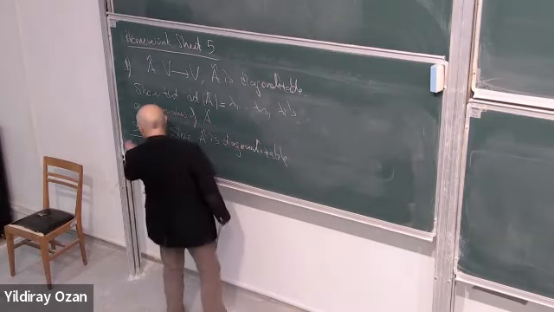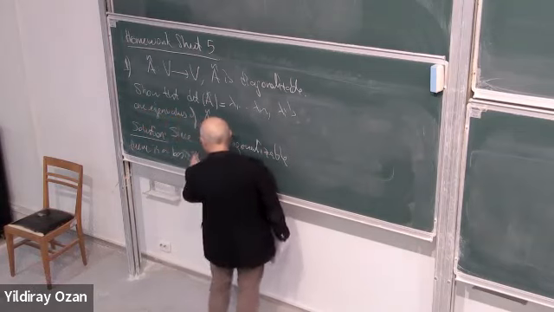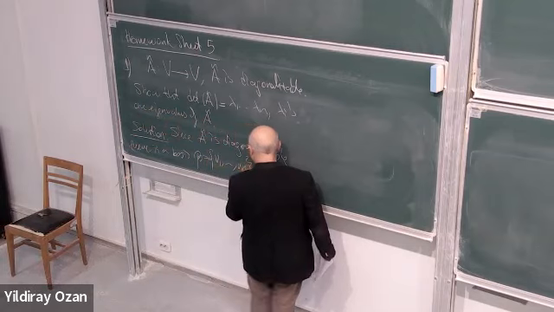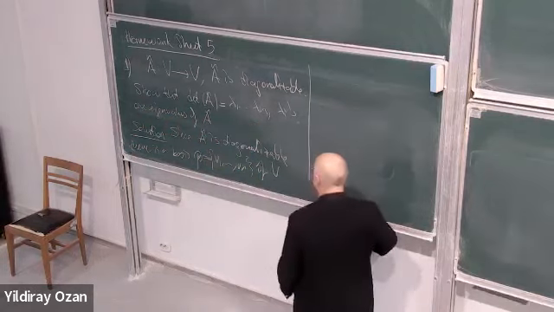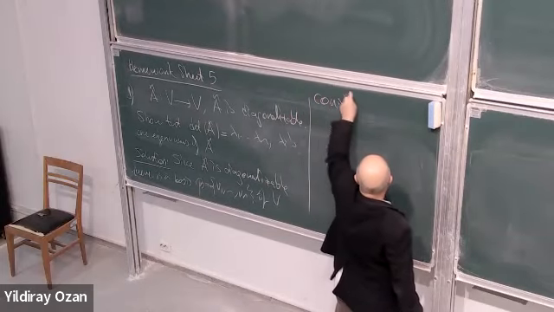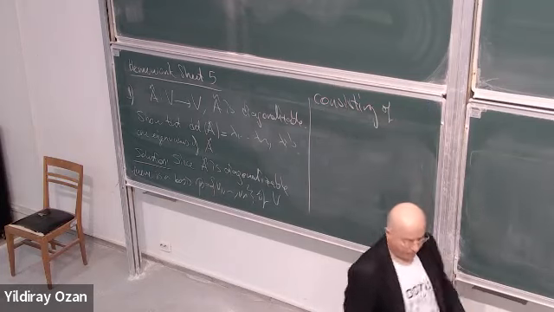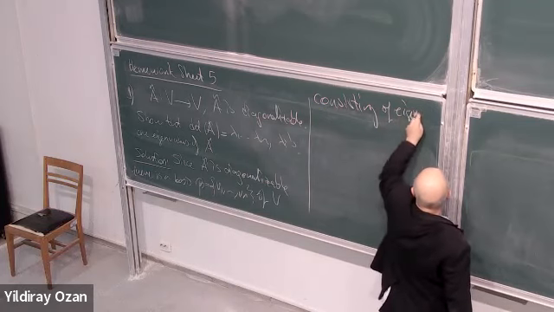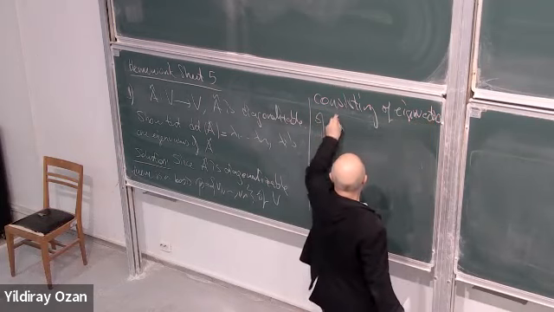There is a basis, let's say beta, v1 up to vn, of V consisting of eigenvectors of A hat.